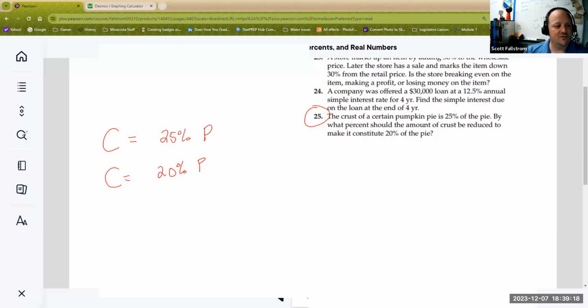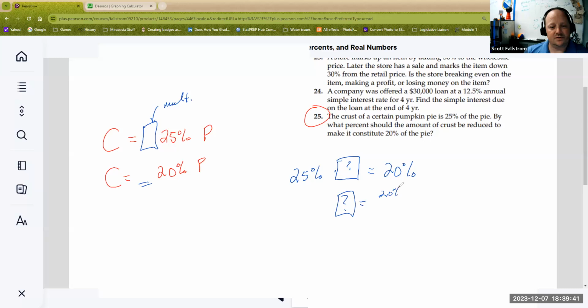And what that means is I have to multiply by something here, right? And what do I multiply by to get that to work out? So 25% times I don't know what has to equal 20%.